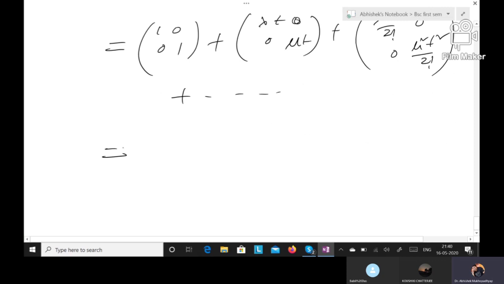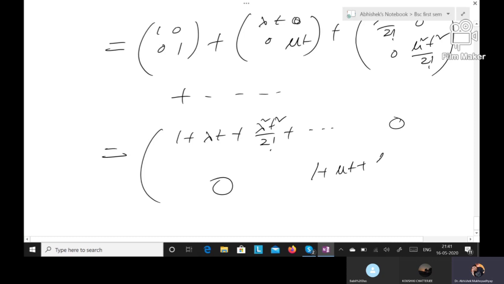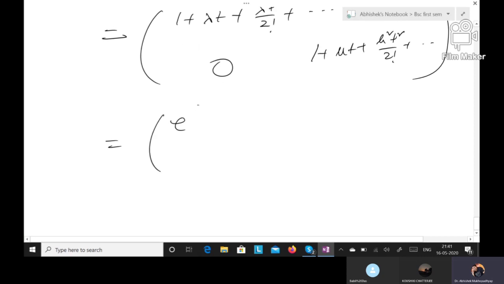So now just adding these matrices together, we will see that the first entry will be 1 plus lambda t plus lambda square t square by 2 factorial, and so on. And the second entry is 0, and the third entry is also 0, and the last entry is 1 plus mu t plus mu square t square by 2 factorial, and so on. So that means this is e to the power lambda t 0, 0 e to the power mu t.